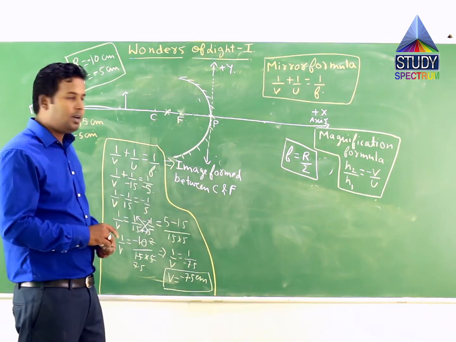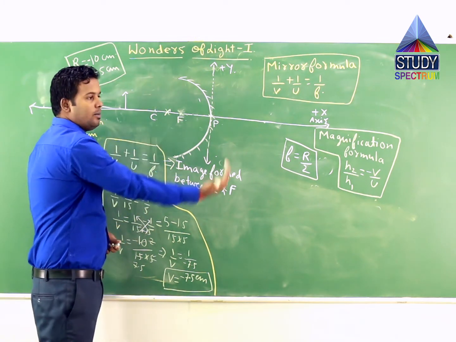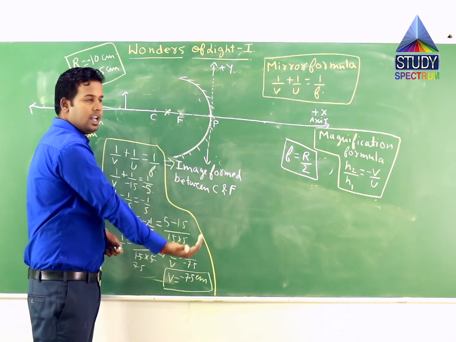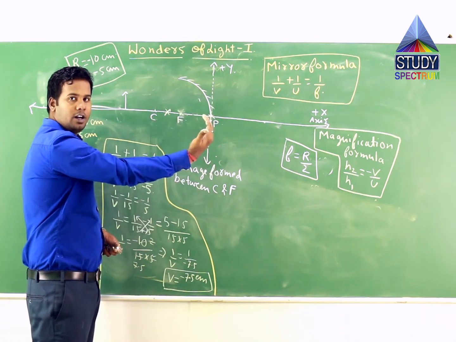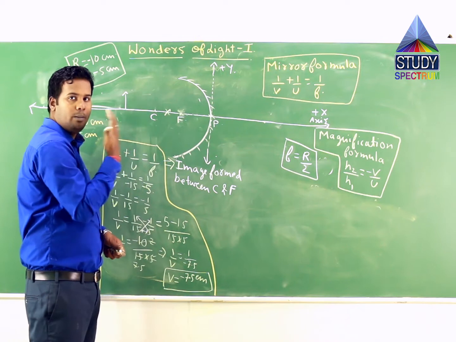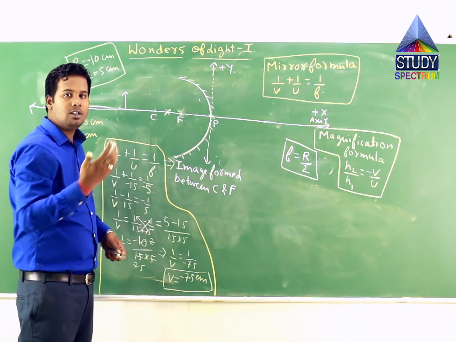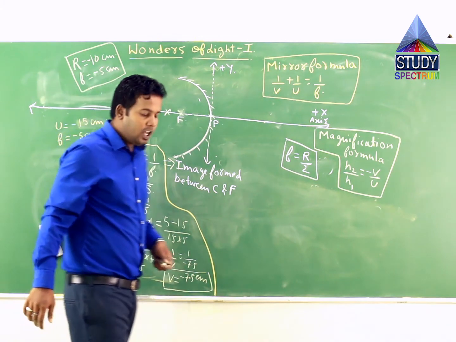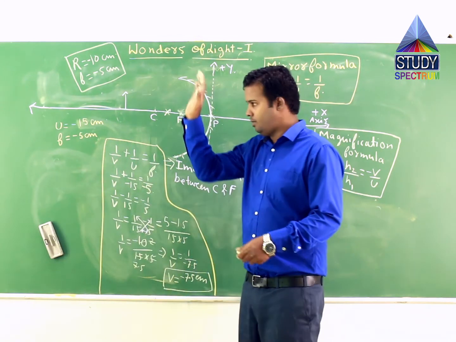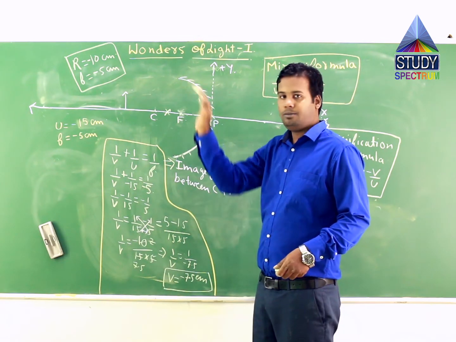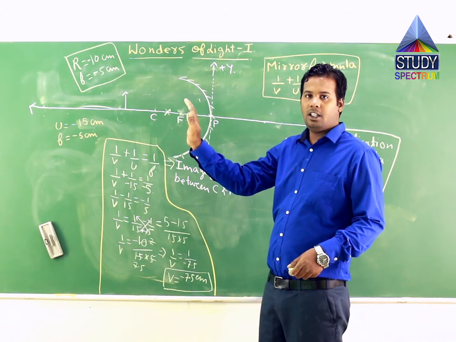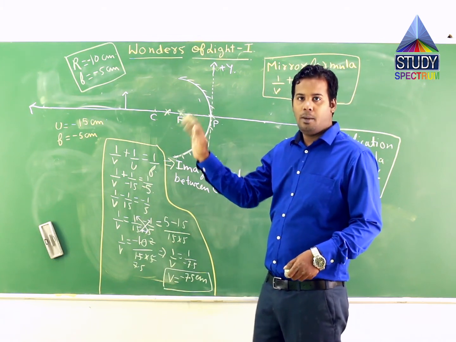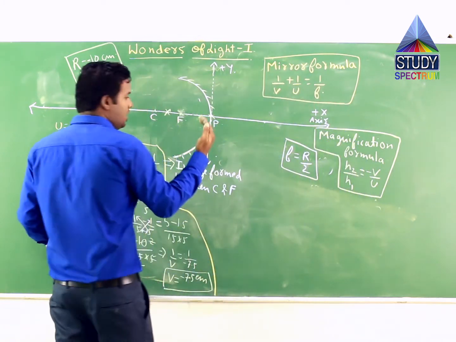Now I have also explained this. This is your mirror, concave mirror. If the image is formed in front of the mirror, the image is real. If the image is formed behind the mirror, the image is virtual. But in this case, the image is formed in front of the mirror.